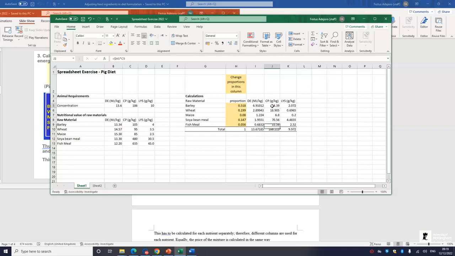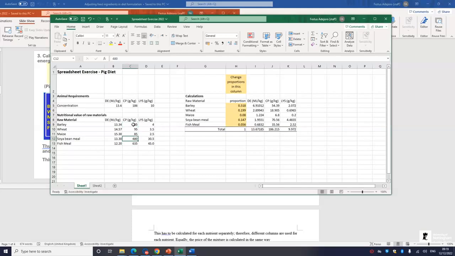Equally in terms of protein, because barley has a very high inclusion level, even though barley's crude protein content is quite low compared to fish meal, for example, or soybean meal.